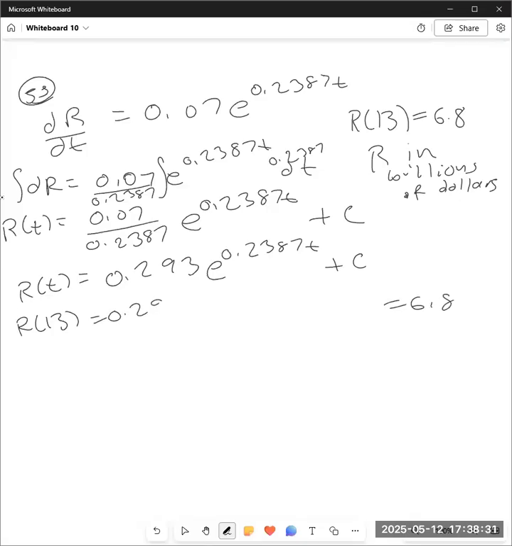And we're going to take 6.8 and this is 0.293 e to the, and when I multiply 0.2387 times 13, it is 3.1031.